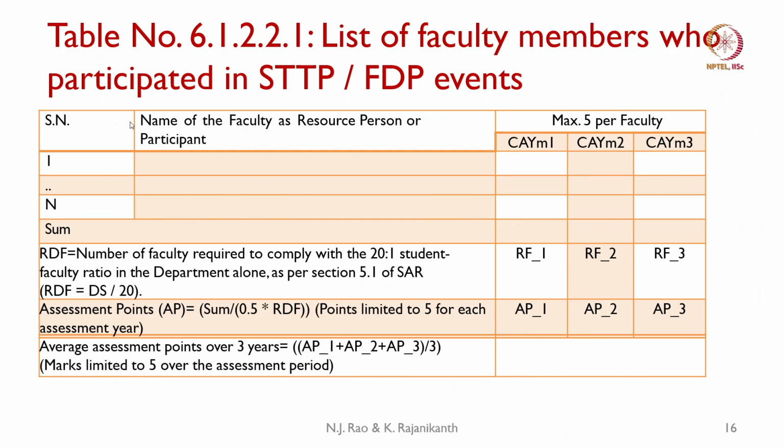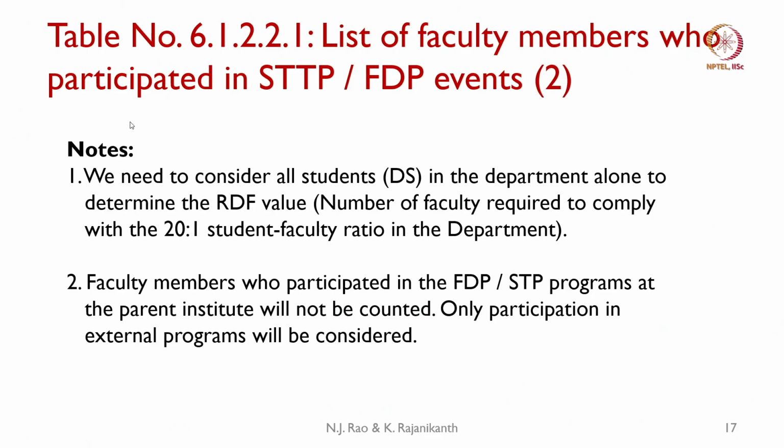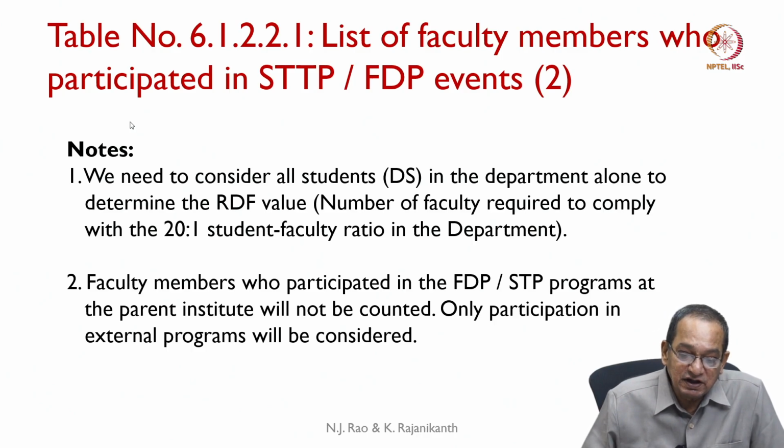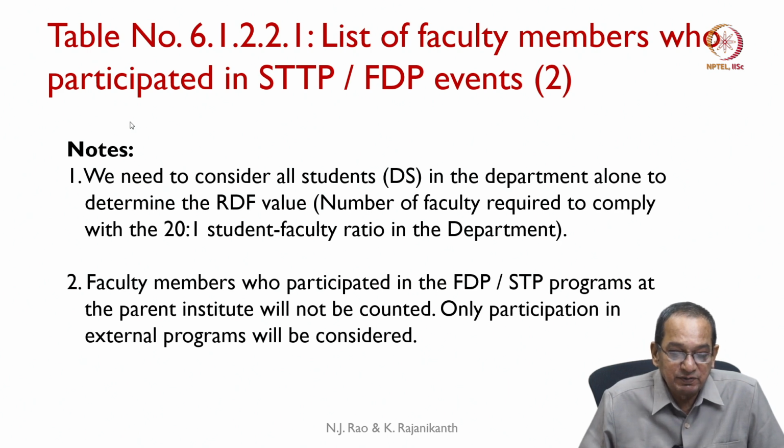But when you are looking at the students in this sub-criterion, we look at the students only in the department, not in the allied departments. When you looked at the other sub-criteria like student faculty ratio, we considered the students of the department as well as the students of allied departments.